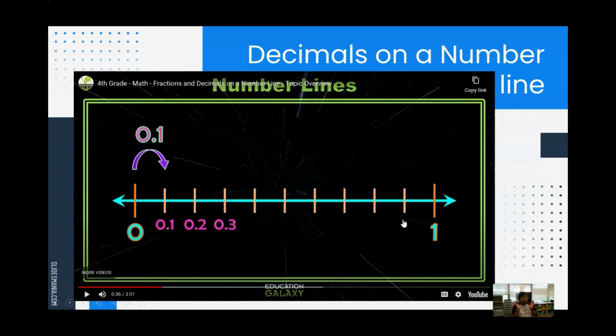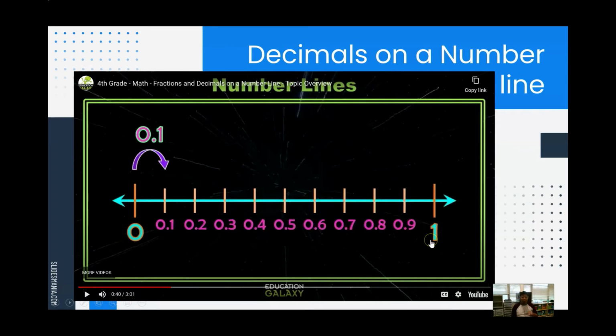What do you think the next one is going to be? Good, let's find out. Next tick mark 4 tenths, and so on. Alright, so here we have 1/10, 2/10, 3/10, 4/10, 5/10, 6/10, 7/10, 8/10, and 9/10.